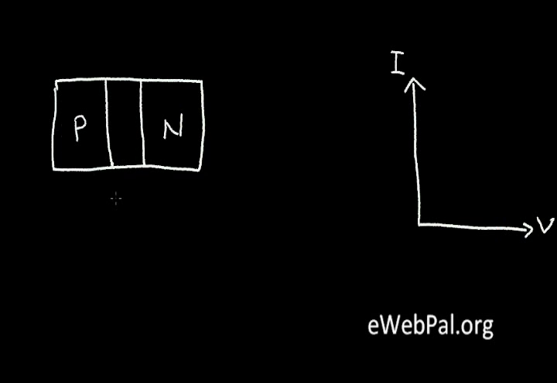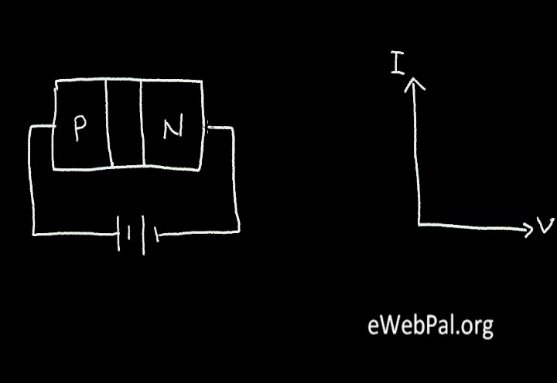Now let's analyze what happens in this PN junction when I apply an external voltage. So here I have a battery. I'm going to connect the positive terminal to the P region, and the negative terminal to the N region, and I'm going to plot the current in this diode versus the battery voltage, V. This is the direction of the current.